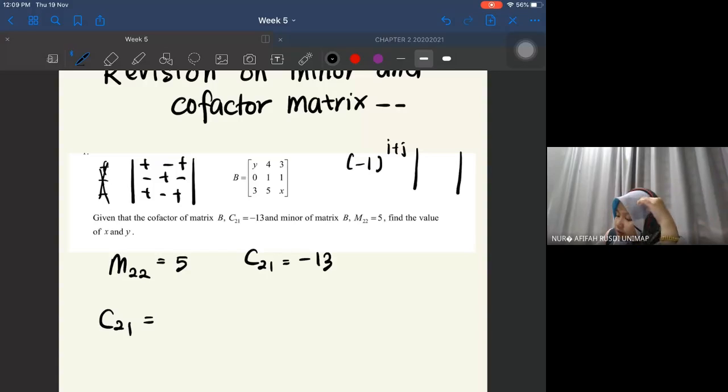Okay, so the symbol is negative. Okay, so you will have negative. So what is your determinant here? So you akan cancel row 2, column 1. So you akan ada 4, 3, 5x. Now this one is equals to negative 13.